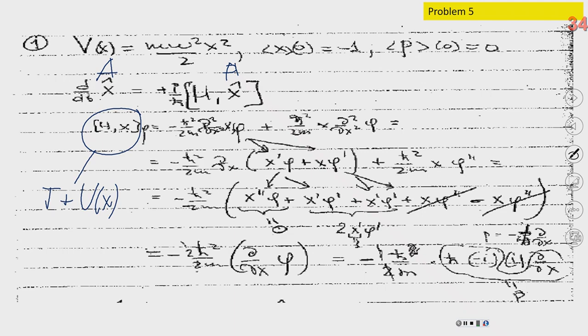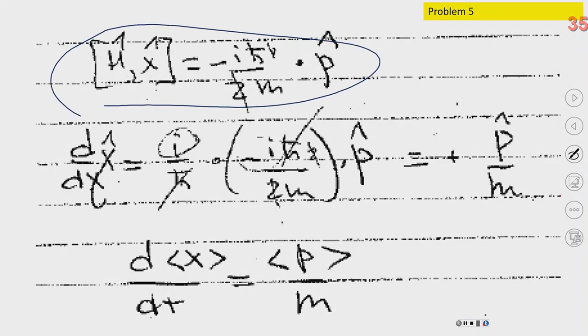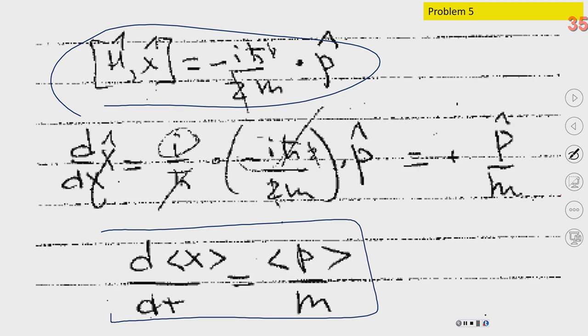So they will commute with each other. So you need just the commutation of the kinetic energy operator with position. And if you carefully do it, you recognize that it will be the momentum operator. So the commutation of the Hamiltonian with position will be momentum over mass. It is equation number 1.